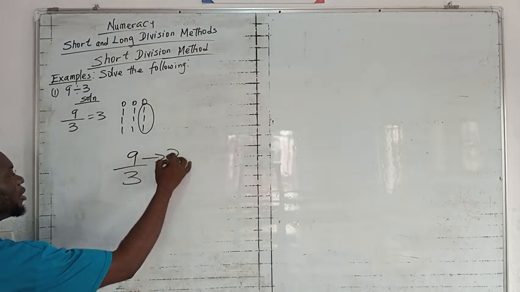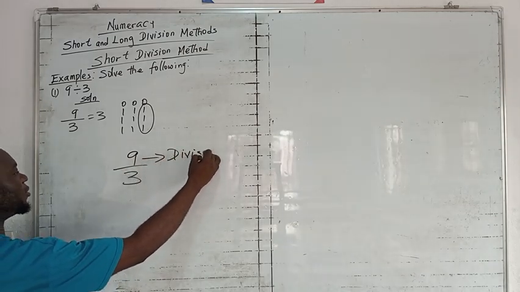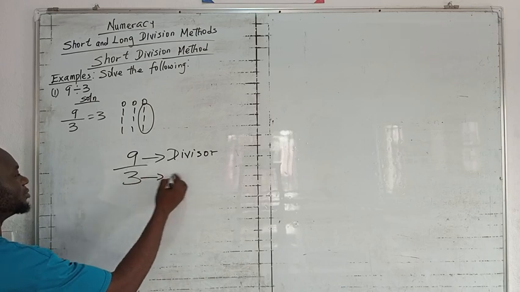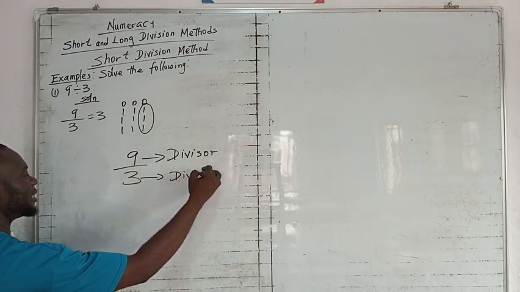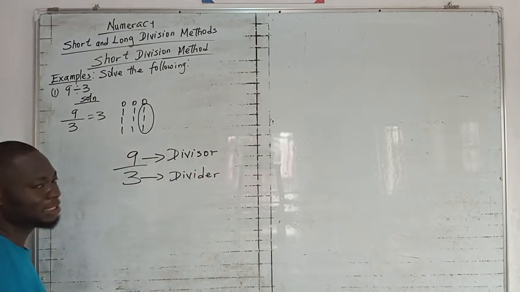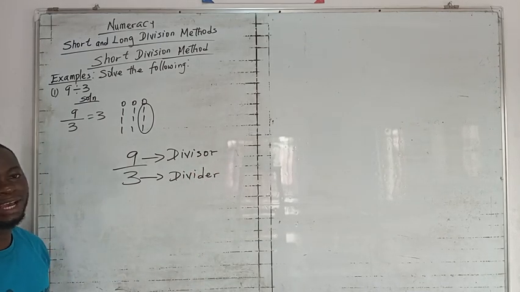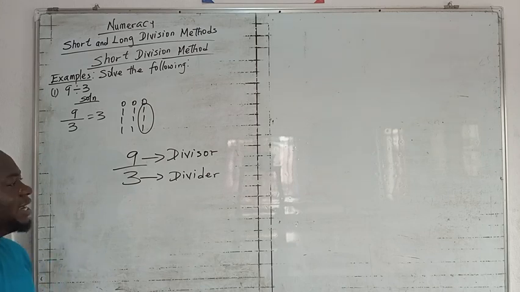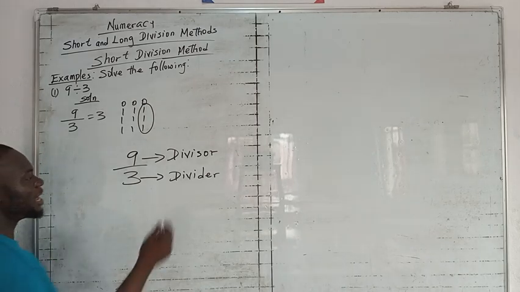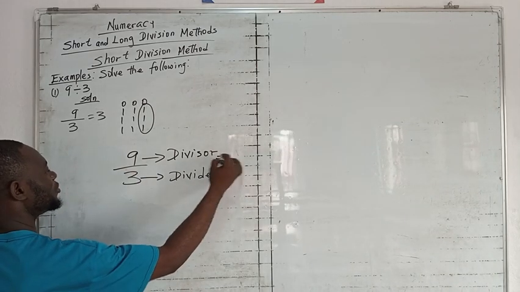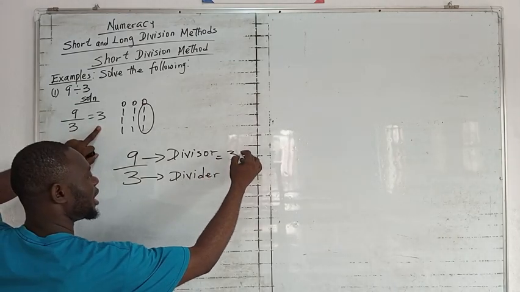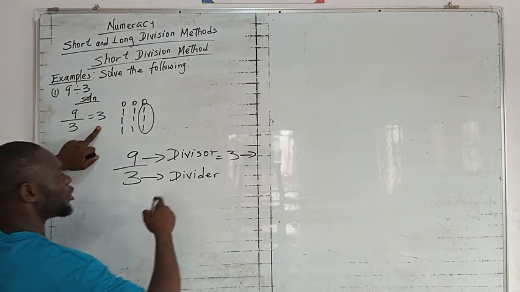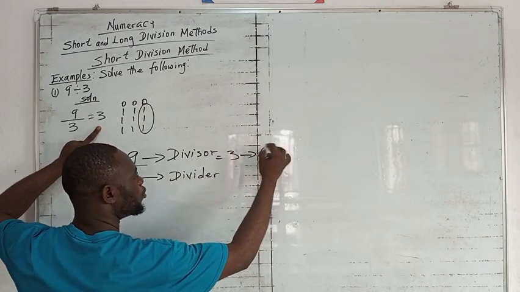Alright? Okay, since I mentioned divider and divisor, 9 over 3: the number up is called the divisor. The number down is called the divider. Alright? Divisor and divider. Then the answer you got, like you have that 9 divided by 3 is 3, the answer you got is called a quotient.